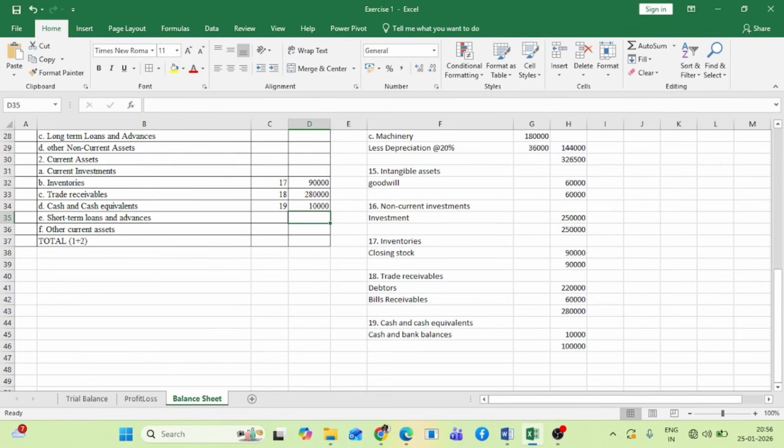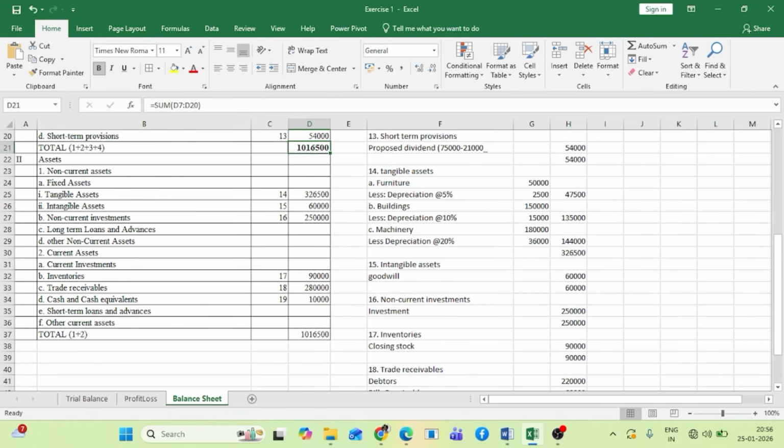Now let us see what is the total of your assets. See the total amount of liabilities and the total amount of your assets. Both sides are matching, and you will see that we have covered all the adjustments also.